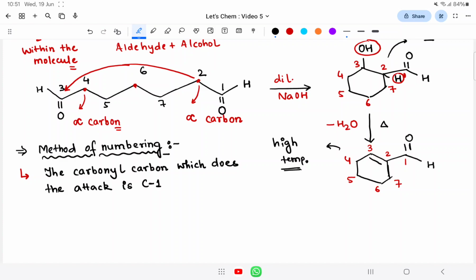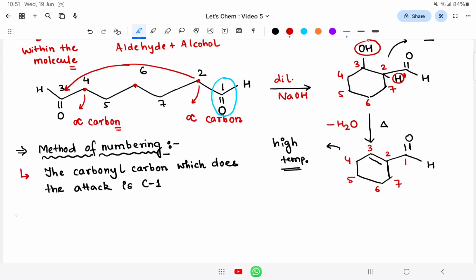As you can see, our attack is happening from the right hand side. So this is the carbon which is concerned for us.